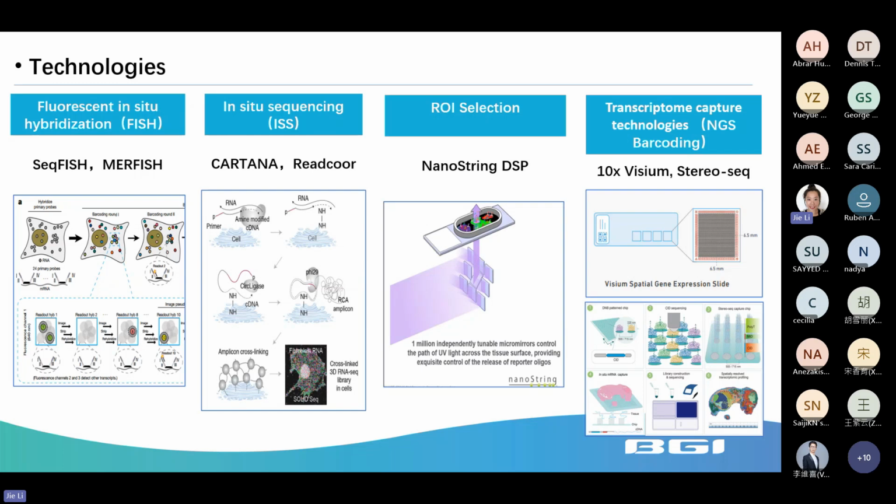The first, as we know, we can call spatial in situ hybridization, and the second we also call spatial in situ sequencing, and the next will be spatial in situ microdissection, and the last, probably the most well known, is the sequencing-based spatial transcriptome.